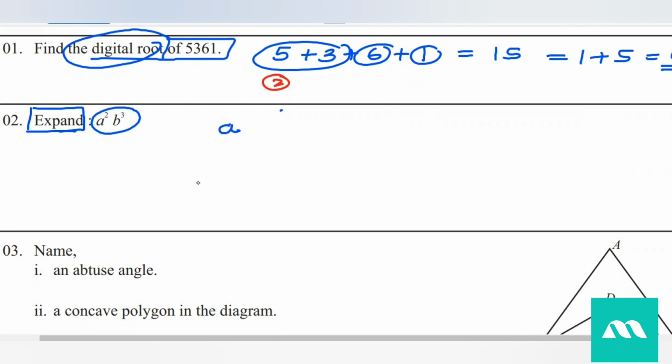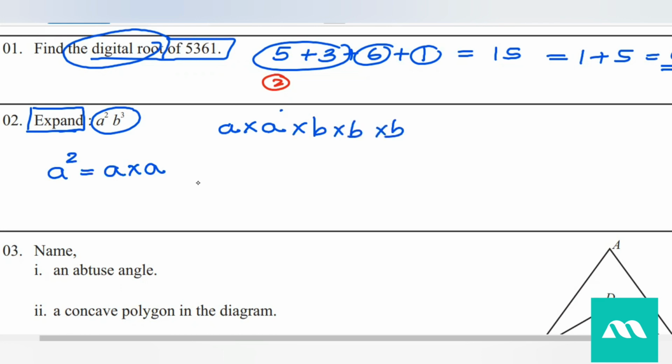Then a squared, that means a to the power of 2. That means a should be multiplied 2 times repeatedly. B cube means b to the power of 3. That means it says multiply b 3 times.